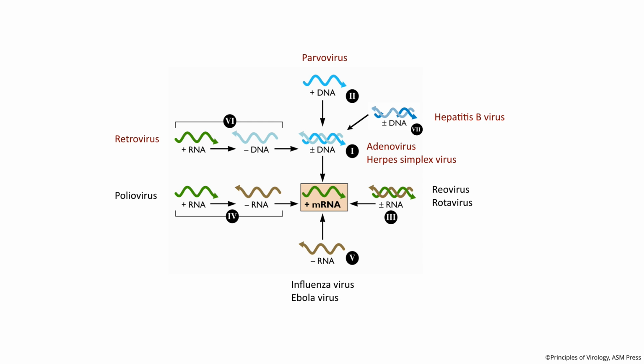Now, there's one other virus we're going to talk about today, the retroviruses. And you may say, well, why didn't we talk about them last time with the single-stranded plus and minus and double-stranded RNA viruses? The reason is because their flow of information looks more like a DNA virus than an RNA virus. Retroviruses, class 6, have plus-stranded RNA in their capsids.